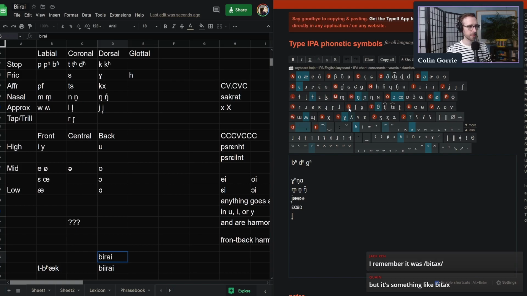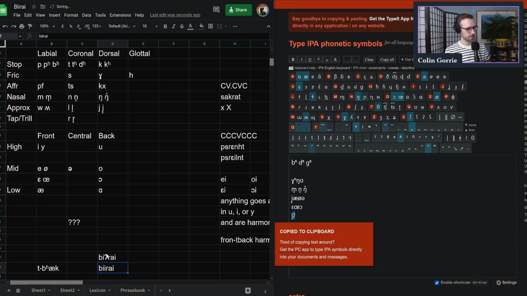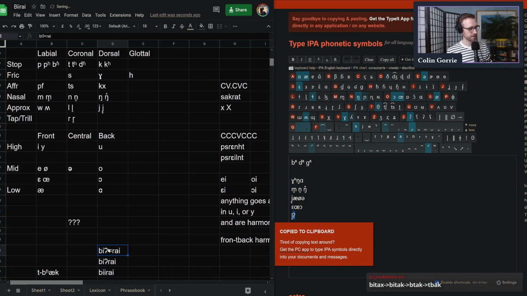Biirai. And then it drops out and gives compensatory lengthening to the vowel before it. And then this is actually some sort of a compound. So before it's Biirai, and then this beak goes back to something like this. So we might have some sort of a chain shift that gives us the breathy voiced stops in Proto-Tbæk.